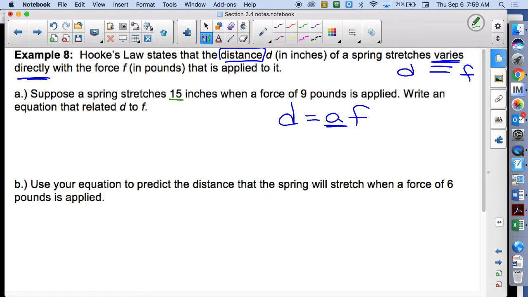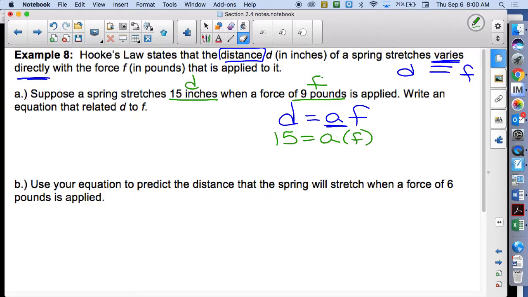If it's stretching 15 inches, inches gives us distance, so that's the D. We don't know A because we're going to try and find that. We want to know what is that slope, what number would be multiplied with the force. Force, it says 9 pounds, so plug in a 9 there, not an F.